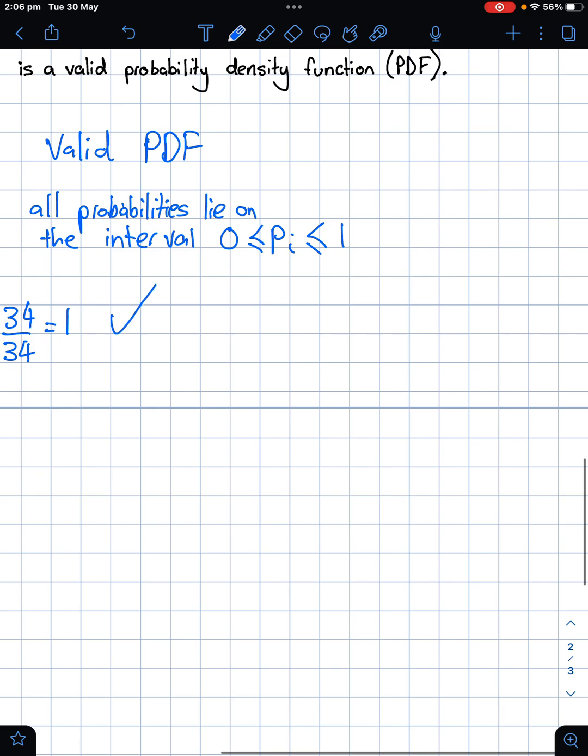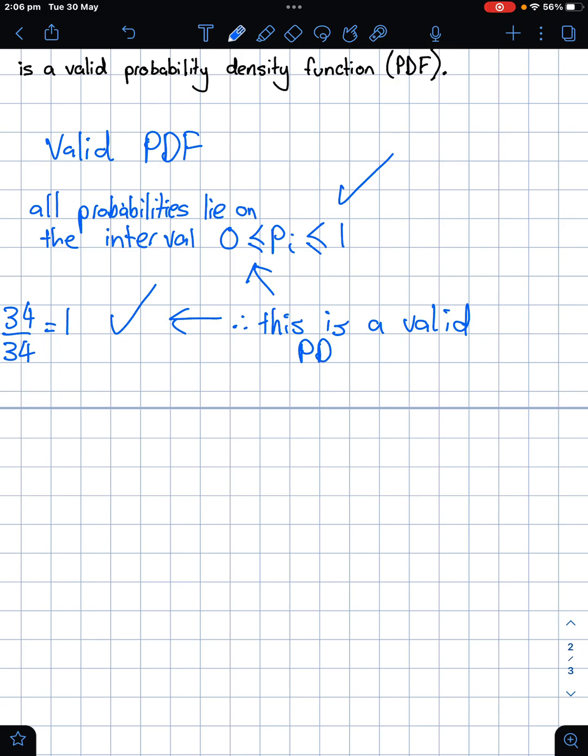So this is a big tick. Both these things are correct here. So we've stated both these. Therefore, this is a valid probability density function.